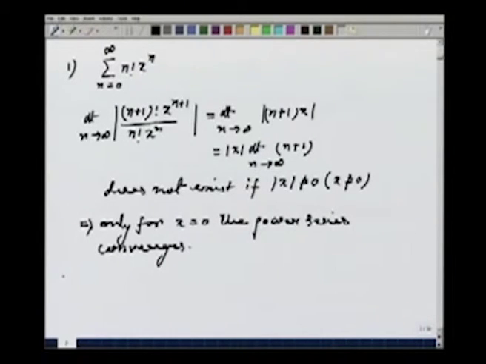Now let us look at example 2, that is summation n from 0 to infinity x to the power n.